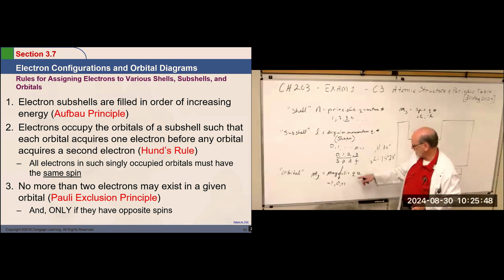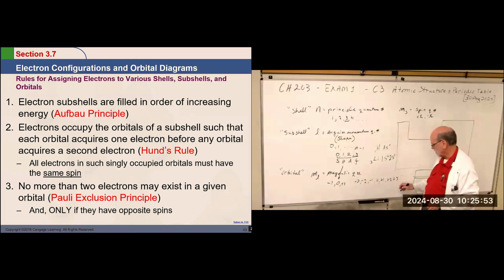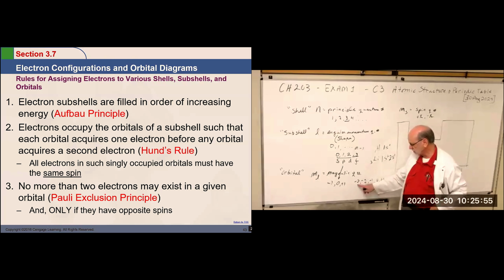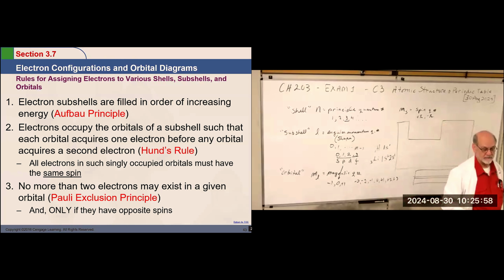If we go to F, where you have 3, you can have -3 and +3. So it's 1, 2, 3, 4, 5, 6, 7, 14. You can have 14 elements there to accommodate the electrons. Look at the lanthanides: cerium, praseodymium, I think, neodymium, plutonium, samarium, europium, gadolinium, terbium, dysprosium, holmium, erbium, TM.